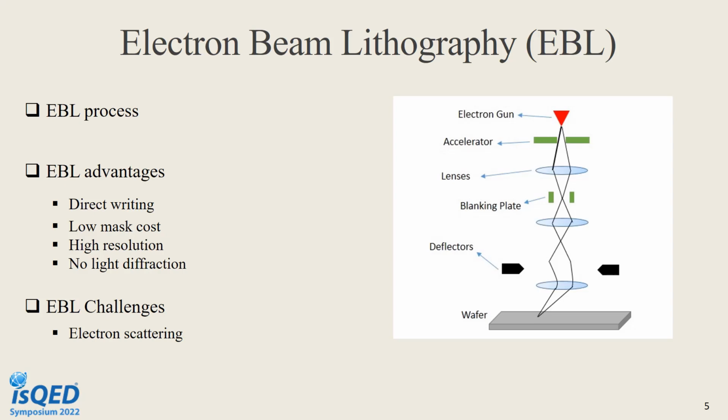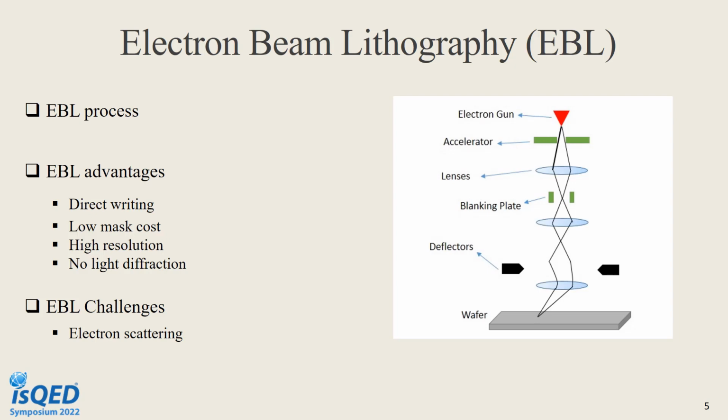Okay, one of the most popular NGLs is electron beam lithography. As you can see here in the picture, the electron beam lithography process has a gun that emits the electrons, and also we have a control part, where the blanking plate and deflectors are in this controller that controls the electron beam and exposes the electrons to the specific point and area on the wafer to print a pattern on the wafer.